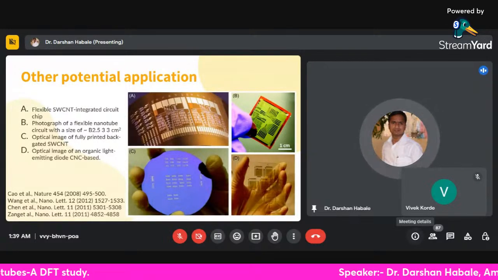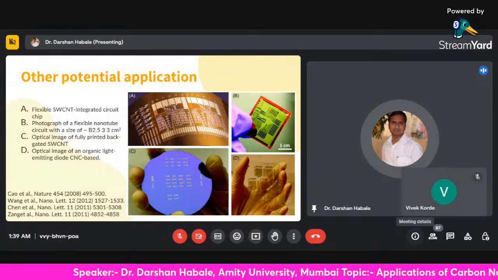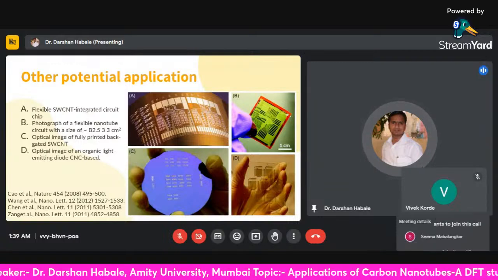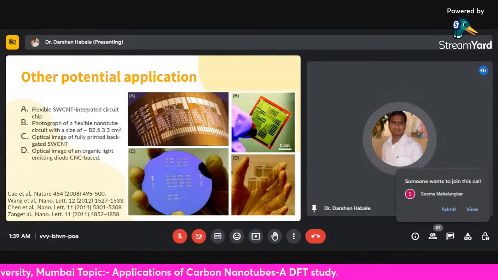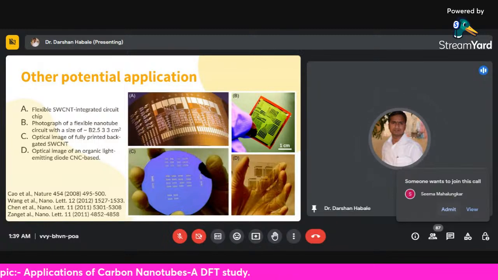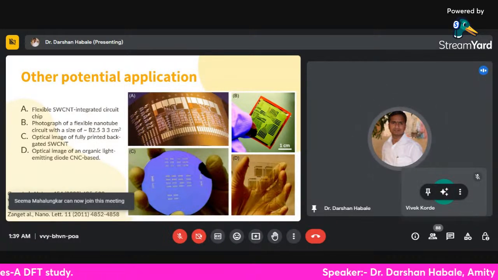The first diagram, A, is an IC, single-wall carbon nanotube IC. You can see it is bent, an extremely flexible SWCNT integrated chip, and this is reported by Cao et al. in 2008. This was experimentally checked.